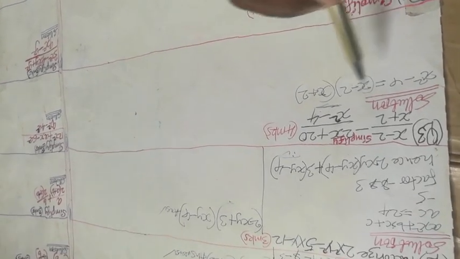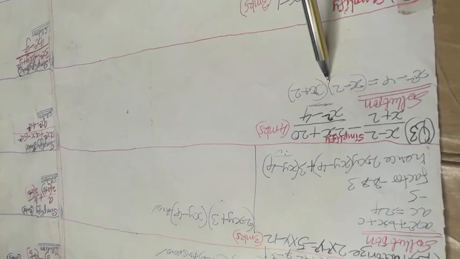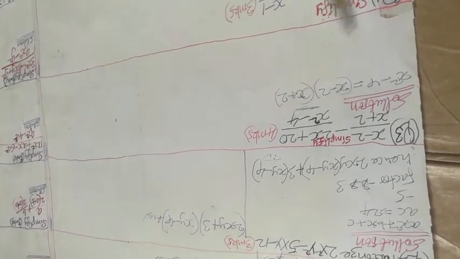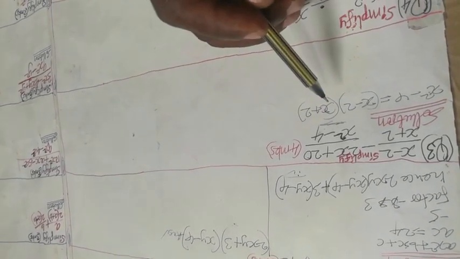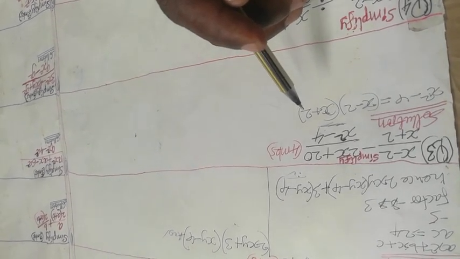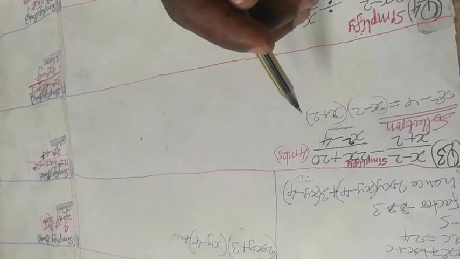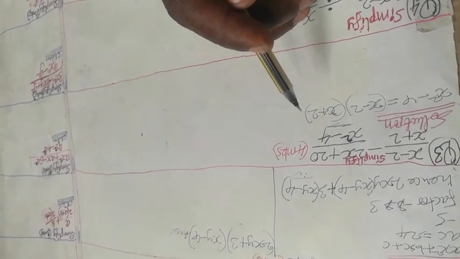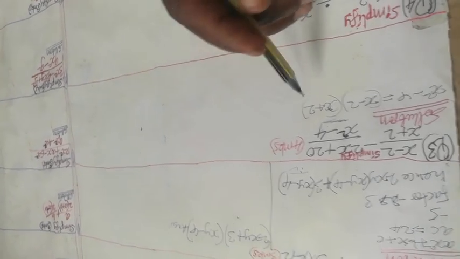Second, we find the LCM of the new denominator. This is the new denominator, so we replace it here. Then we find the LCM of the whole equation.